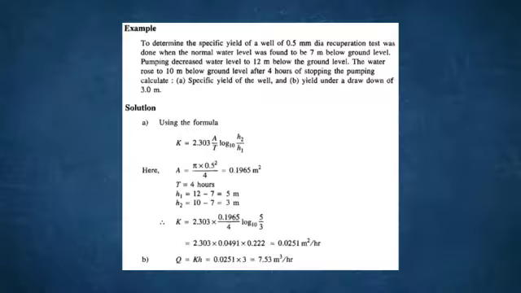So for the first case use the formula K = 2.303 A / T into log10(h2 / h1). Here A = pi into radius, 0.5 squared divided by 4.